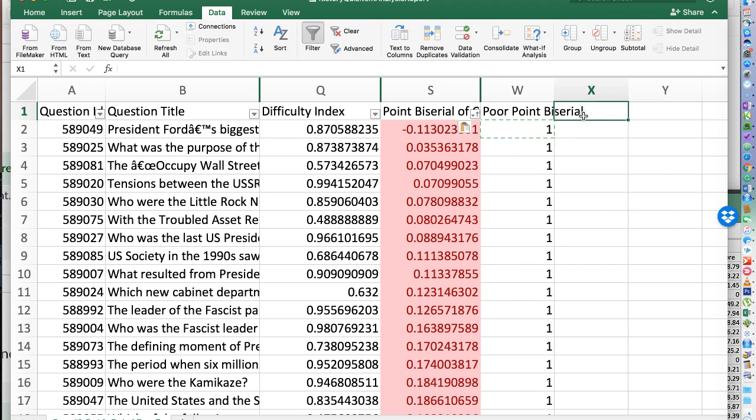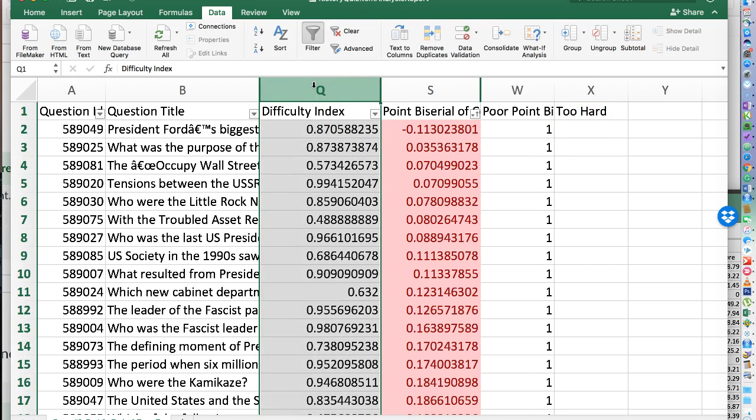So what we're going to put here is we want the difficulty index to be at least 60%. So let's find out which ones are too hard.